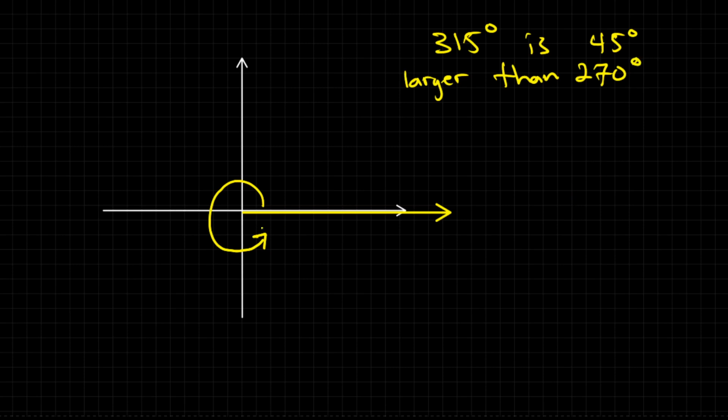And so my terminal side, I'm going to draw halfway between 270 and 360. So it looks something like this. To reiterate, when you conclude that 315 degrees is 45 degrees larger than 270 degrees, the important characteristic that your drawing should have is that this should look like a 45-degree angle, which is halfway between 0 and 90 degrees.